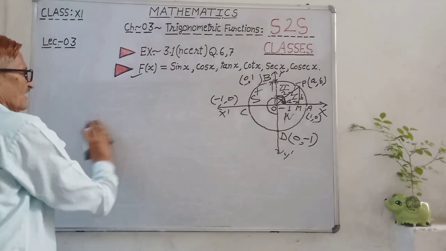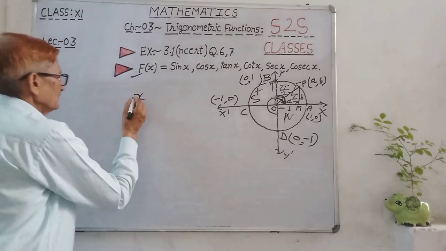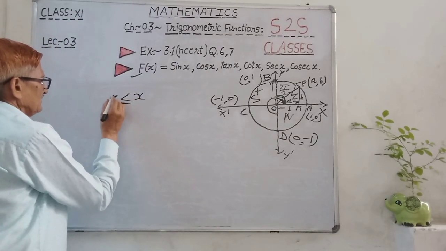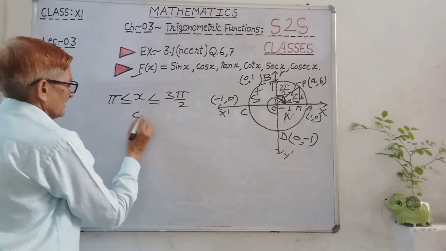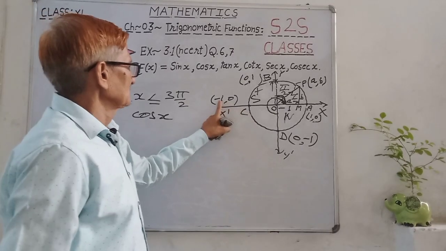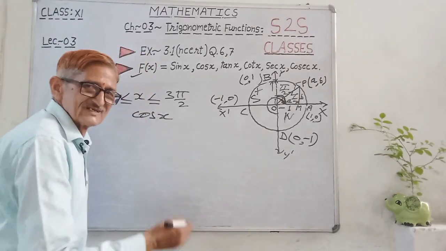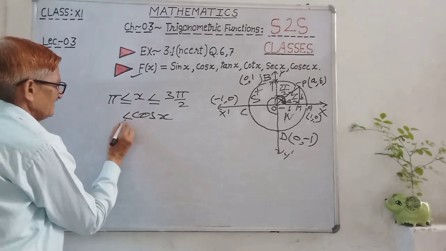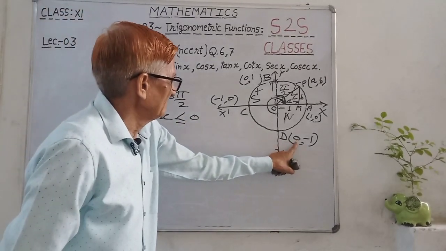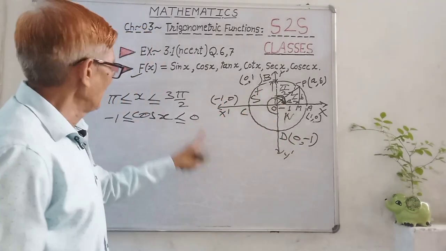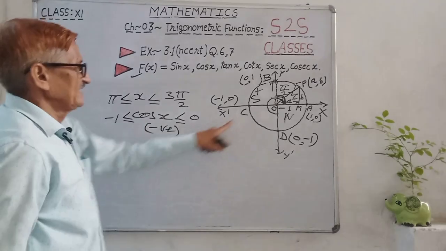Now the third quadrant: if the angle x goes from pi to 3 pi by 2, x is greater than or equal to pi and less than or equal to 3 pi by 2. So check the cos x value: it goes from -1 to 0. So cos x is greater than or equal to -1 and less than or equal to 0, meaning cos x is negative. So cos x is negative in the third quadrant.